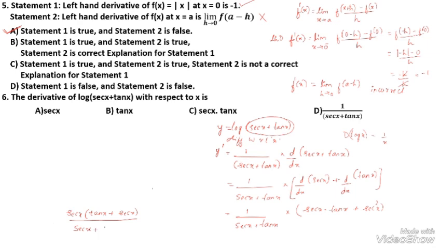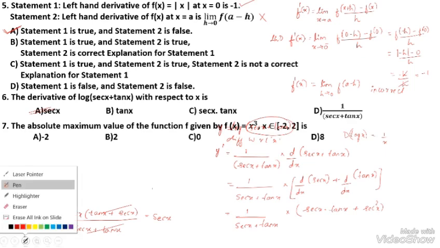The sec x plus tan x and tan x plus sec x get cancelled. We have the result sec x. So option number 1 is the correct answer: the derivative of log of sec x plus tan x with respect to x is sec x. Let's move on to the next problem.